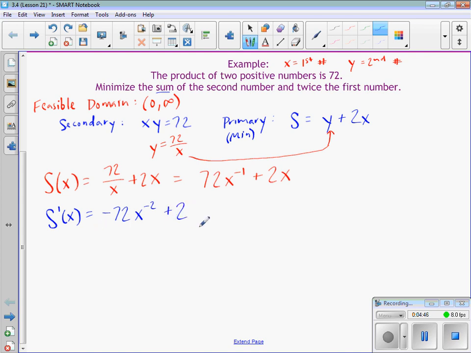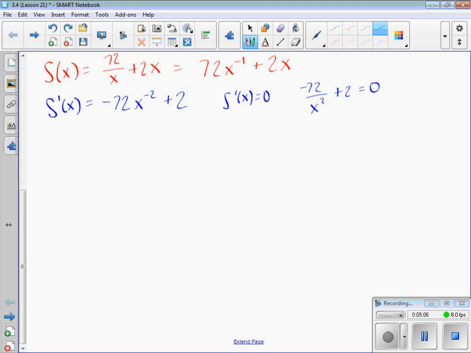And now I'm trying to set this equal to 0. So let's just set it equal to 0 the way it is. So this is negative 72 over x squared, right? Plus 2 equals 0. Then I'm just going to move this to the other side. You can solve it different ways. You should get the same answer. But if I add this to the other side, don't I have 2 equals 72 over x squared? And then what do I do? Multiply by x squared, so I get 2x squared equals 72.